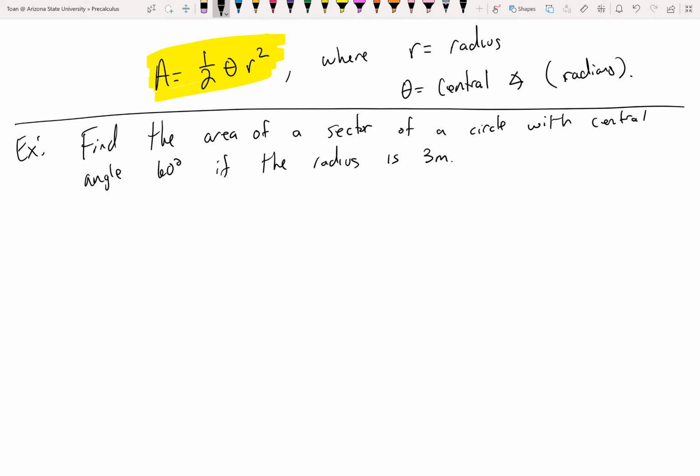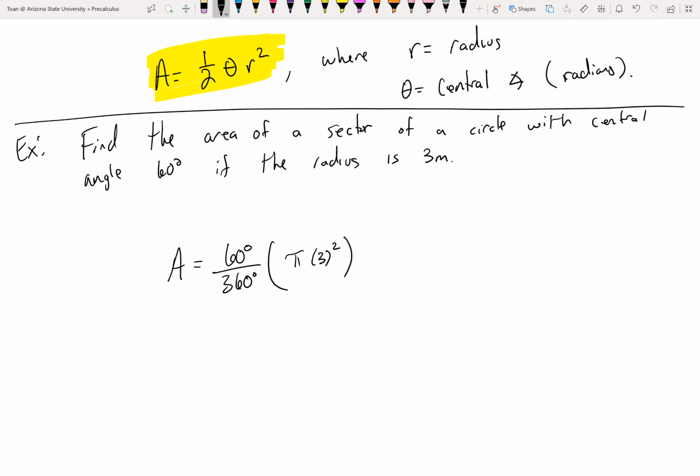Let's use pure logic. I note that the area equals the part of the sector to the whole circle. So they gave me the central angle, so I know that the proportion is the central angle over the total angles. Since we're in degrees, I'll use 360. And since I'm interested in the area, I'm going to use the area of a circle formula, pi r squared, where r is 3.